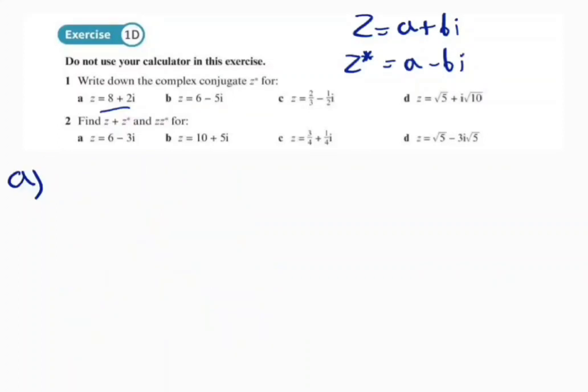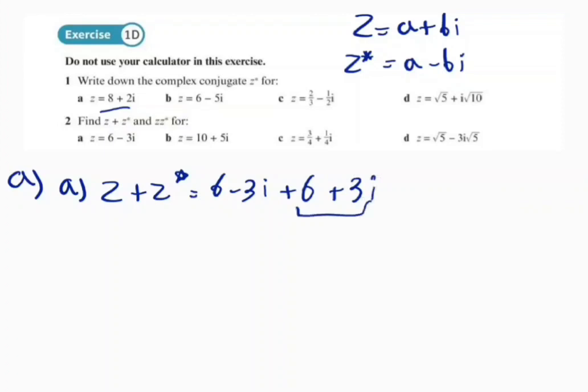Now for each of these complex numbers we have to find z plus z star and z times z star. So basically we want to find the sum and the product of a pair of complex conjugates. For part A, z plus z star is equal to 6 minus 3i, which is z, plus 6 plus 3i.